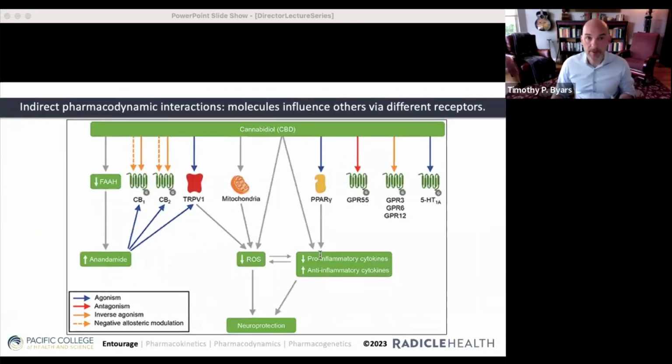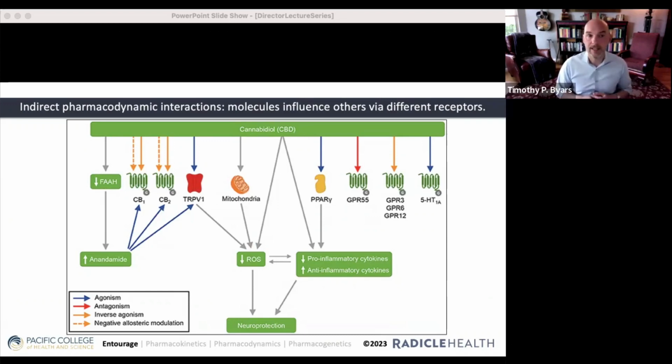The second type of interaction is an indirect pharmacodynamic interaction. This can occur when a molecule modulates a second molecule, but by binding to a different receptor than the first molecule. So, for example, CBD has non-cannabinoid receptor mechanisms that will also likely impact the pharmacodynamic effects of THC.